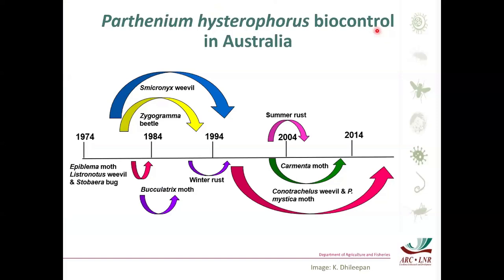This is a slide of the timeline of introductions of the biocontrol agents, and the bigger the error bar, the longer the time before they were evident and common from the time of introduction. So some had really rapid establishment and spread, and others took maybe 10 years even before they were observed in any great number. So it just depends on the different biological control agents.